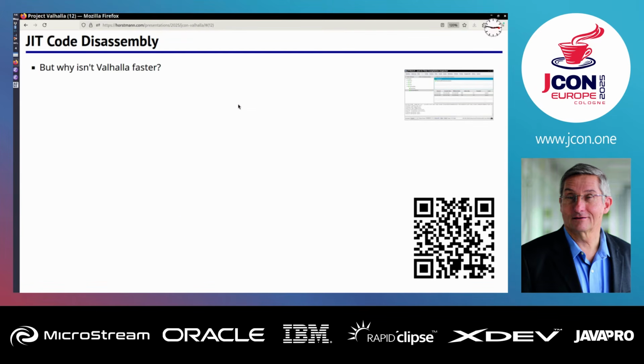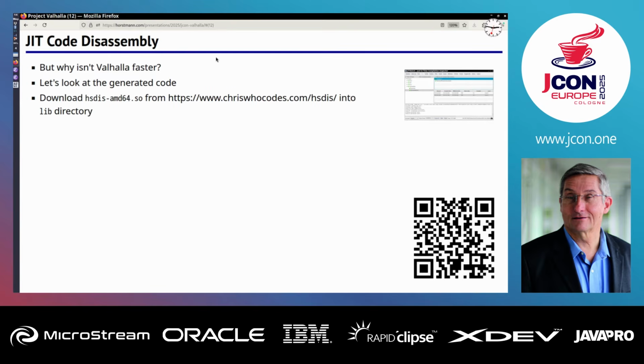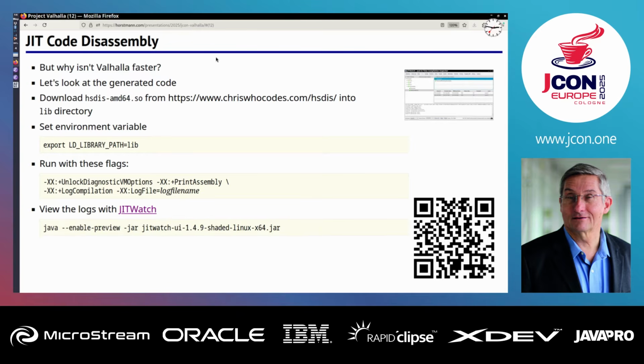All right, more. Now we want to find out why Valhalla isn't faster. Remember, it was just a teensy amount faster. To do that, you can look at the generated code, and you need a different tool for that, called JITWatch. Here I'm giving you instructions on how to do it.